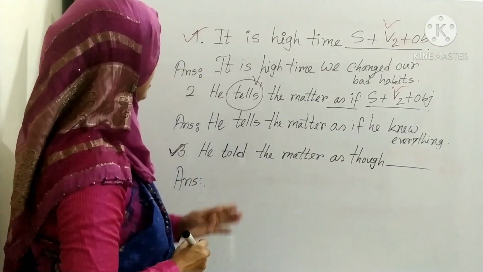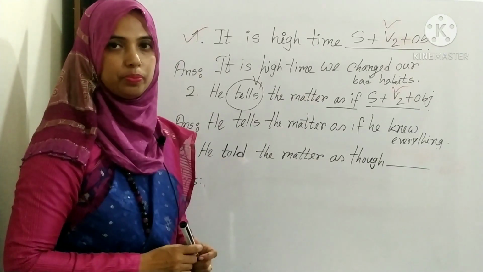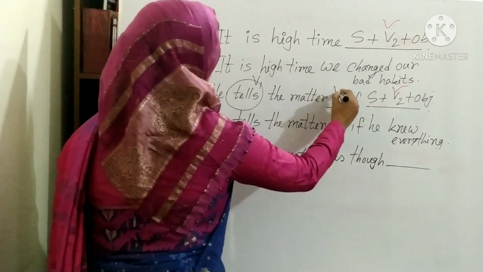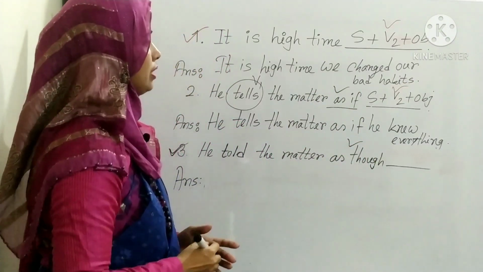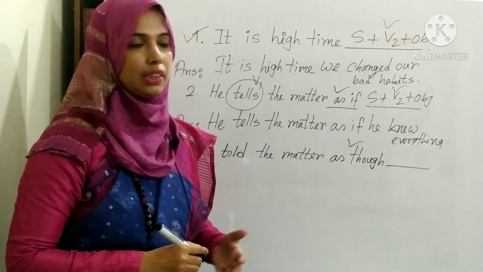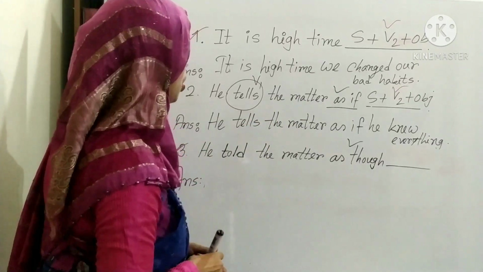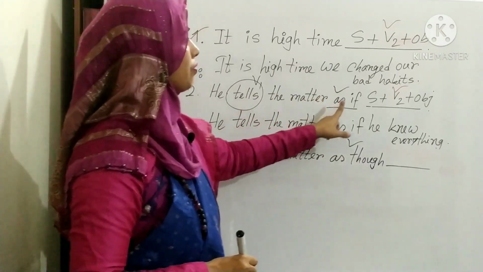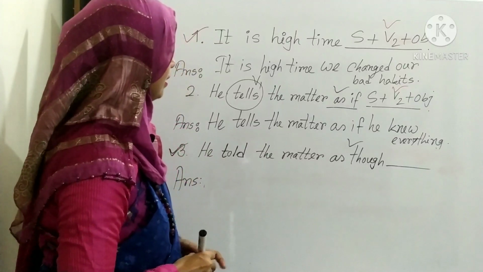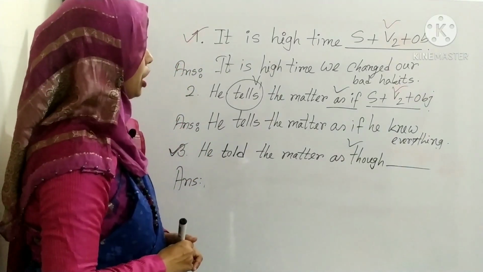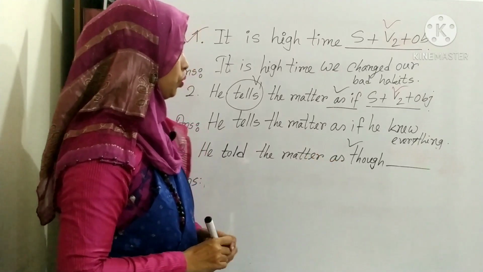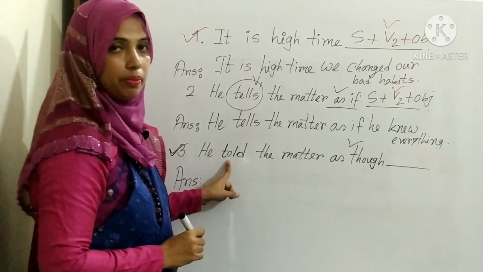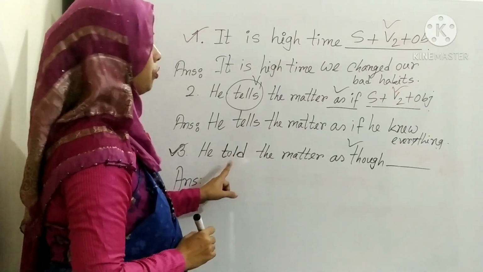Now the sentence is, he told the matter as though. Now I want to say one thing, dear students: as if and as though, there is no difference between the meaning of the words as if and as though. When you find V1 before as if, then you have to apply V2 after as if. And in the third sentence you will find, he told the matter as though. So before as though, just observe in which form the verb is.